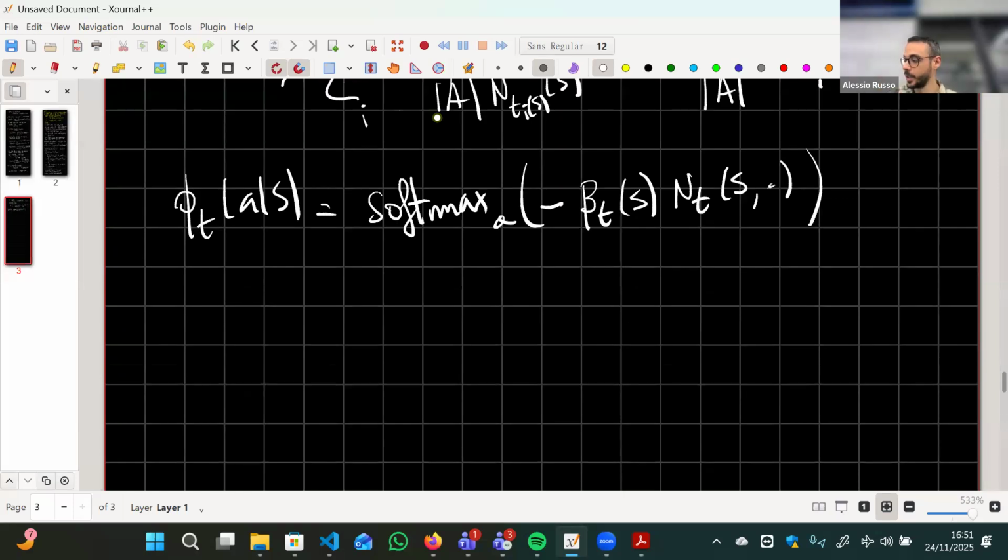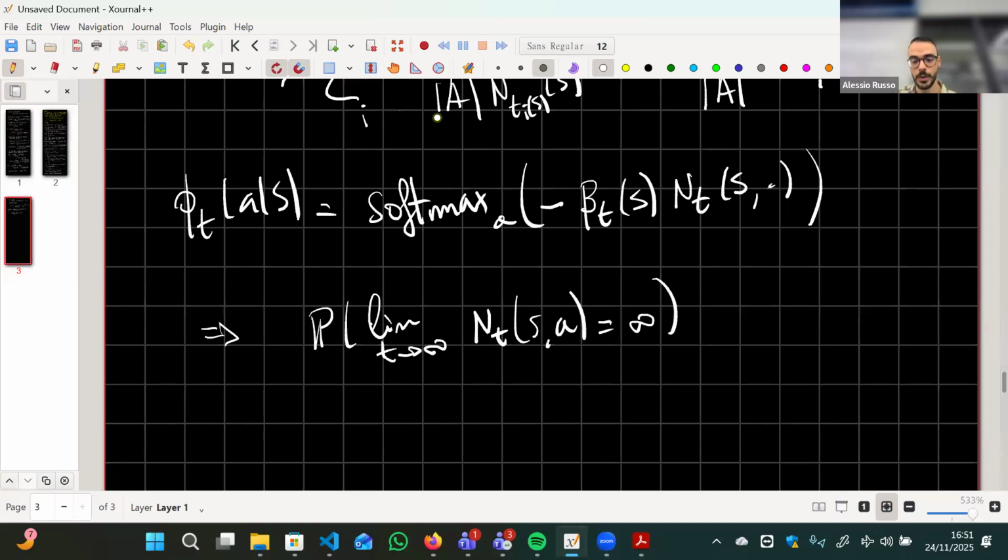So now that we have guaranteed this, we have just shown that using the uniform policy allows you to say that the probability that in the limit of t that goes to infinity of N_t(S,A) is equal to infinity almost surely, so equal to 1. And because of this, we are now able to also show that our MDP estimate will converge to the true MDP almost surely.